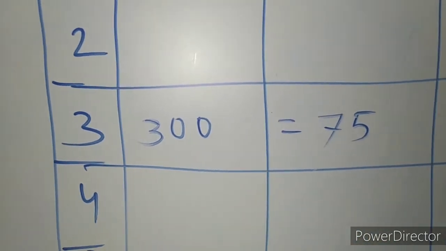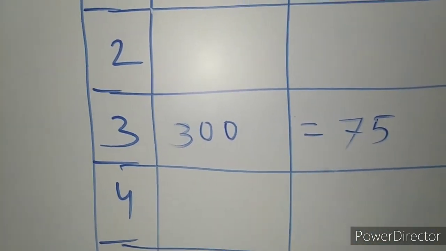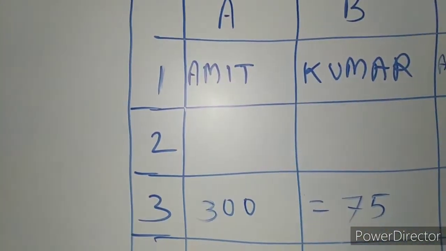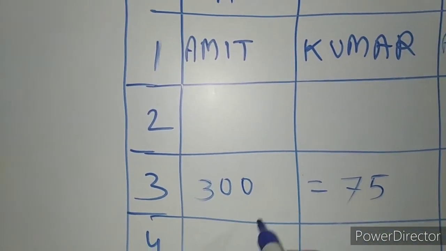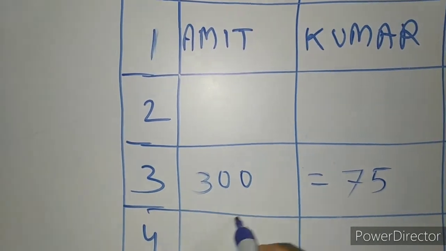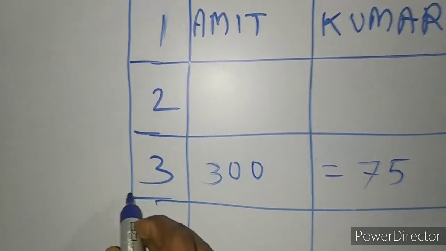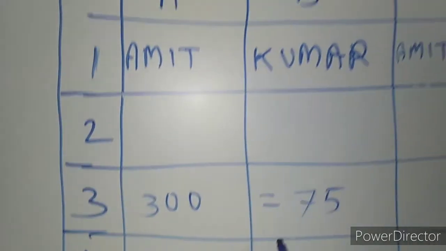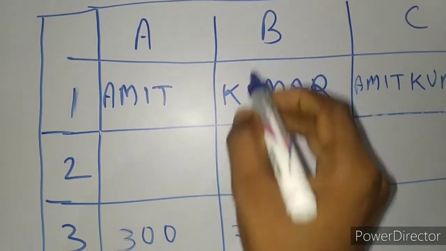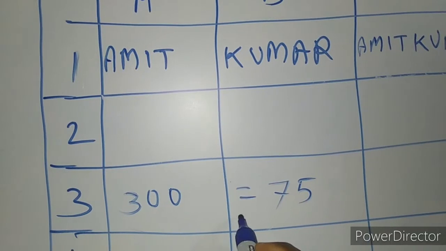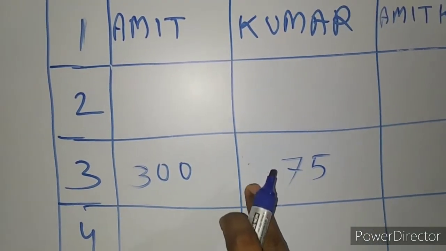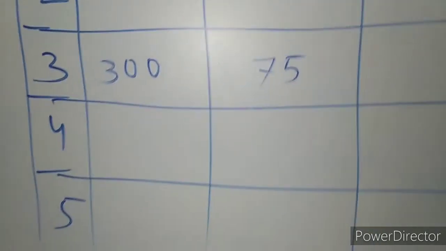If we want to calculate the percentage, how can we use the formula? Here you can see that the obtained mark is in cell A3. If we want to calculate in B3, what formula will we write here? So what formula will be there?